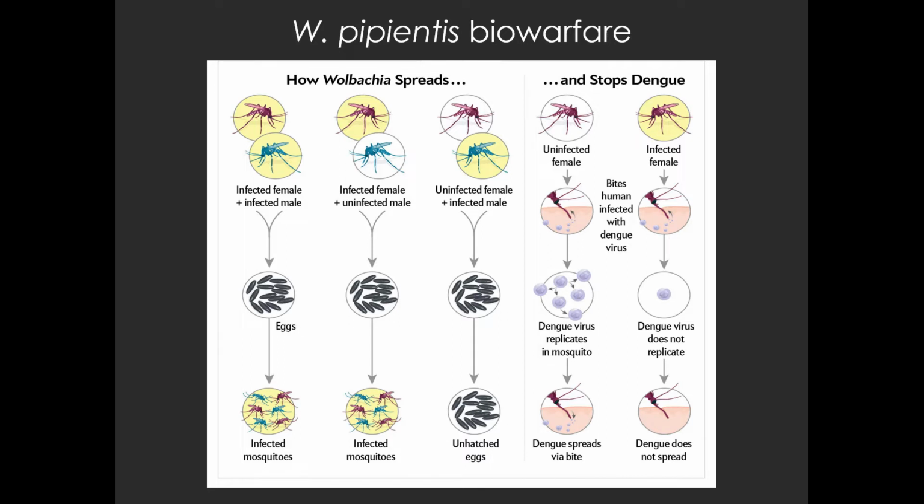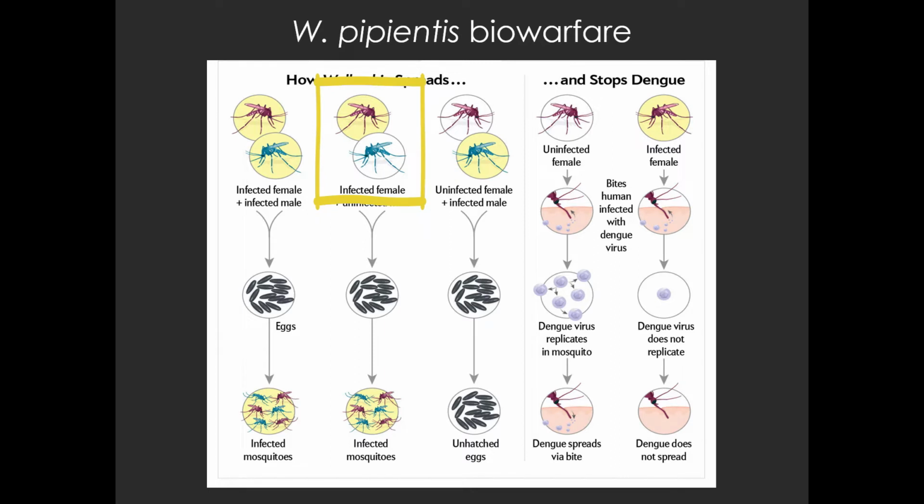If you look at the left-hand side of this diagram, you'll see that that's a mating between an infected female and an infected male, and infected there means infected with Wolbachia. When that mating occurs, the eggs will hatch and they will produce infected mosquitoes, meaning mosquitoes infected with Wolbachia, which of course will not be able to be infected with either malaria or dengue fever.